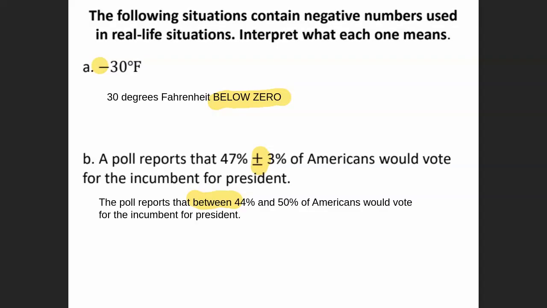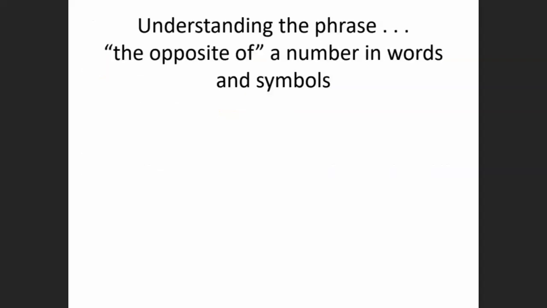Now, a phrase that you're going to need to get used to is called the opposite of. Okay, the opposite of is a specific phrase that you are going to see. Okay, now the opposite of a number, it's probably easier to show you in symbols.